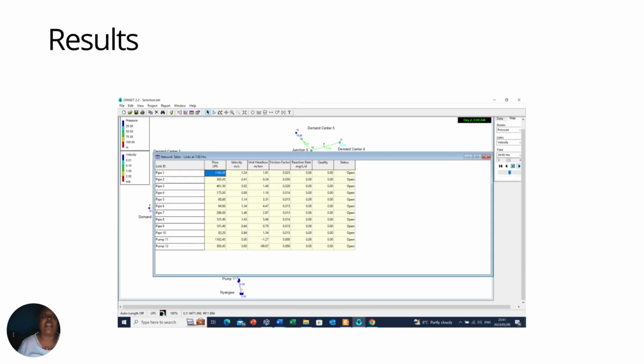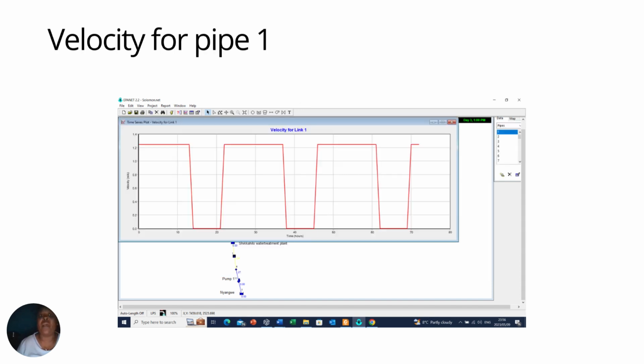Now the next slide is just the results from EPANET, showing the flows, the velocities, the head loss, and friction factors. Now the next slide is just an example of the velocity of pipe 1. I took a screenshot from EPANET showing the velocity for pipe 1.